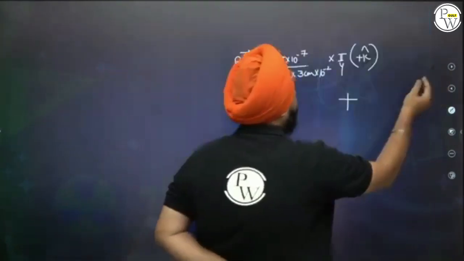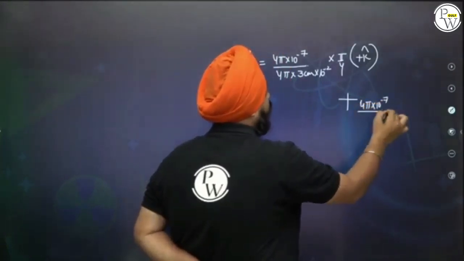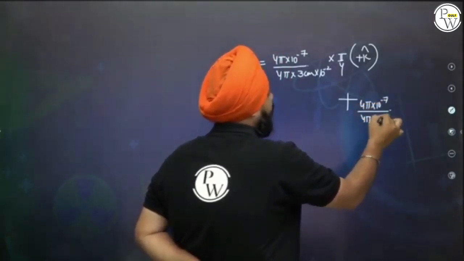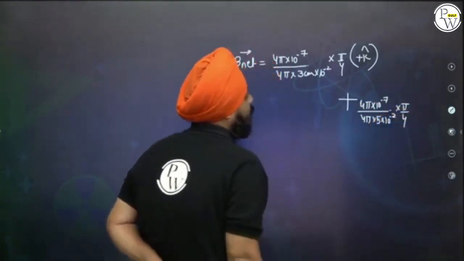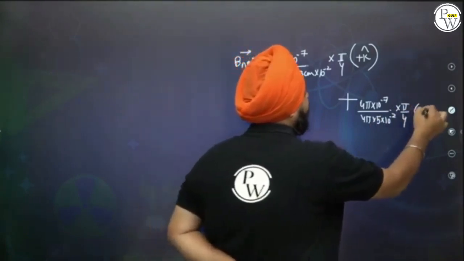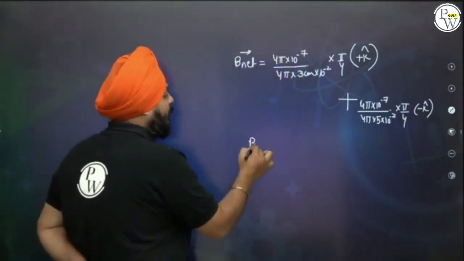Dot means positive k. For the second, 4 pi into 10 to the power minus 7 whole divided by 4 pi into 5 into 10 to the power minus 2 into pi whole divided by 4, and this is negative k. So what will be the value of the net magnetic field?